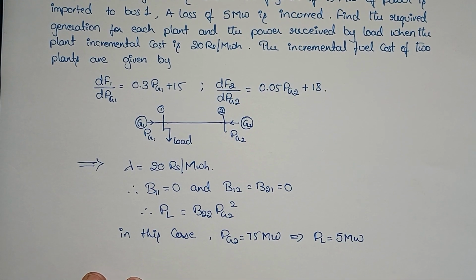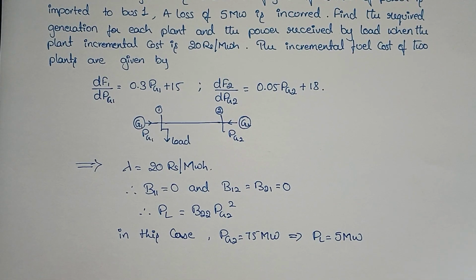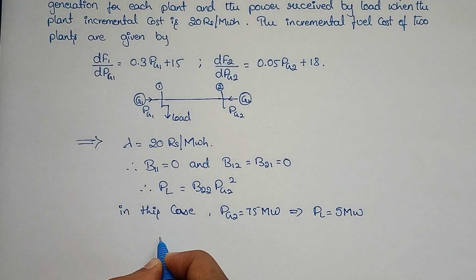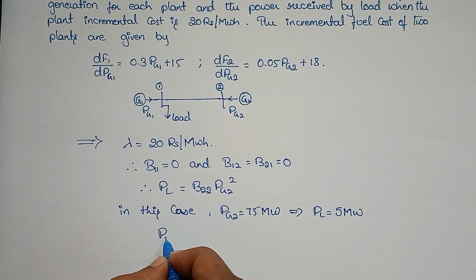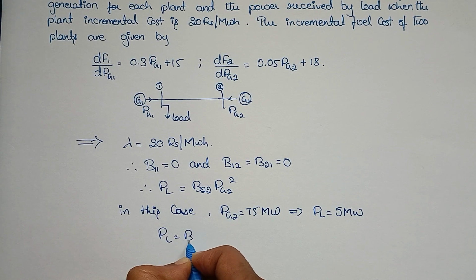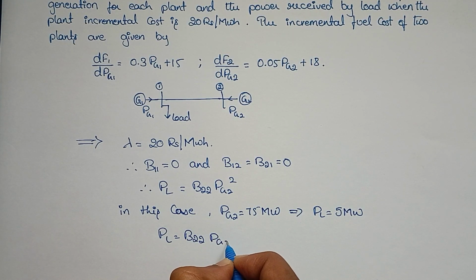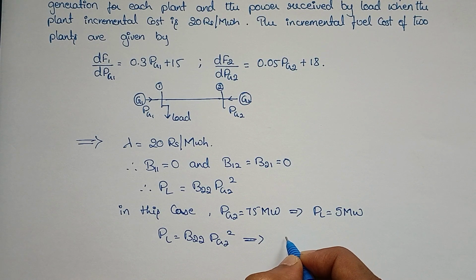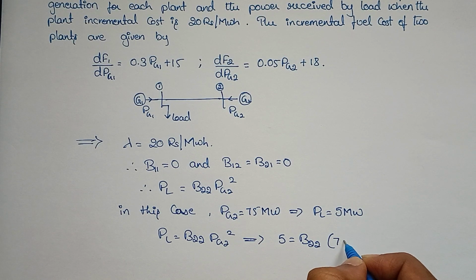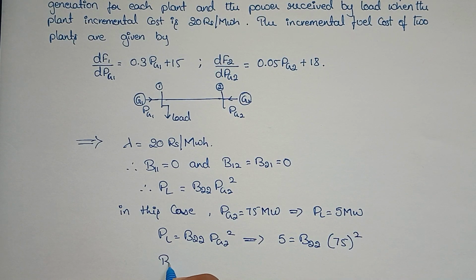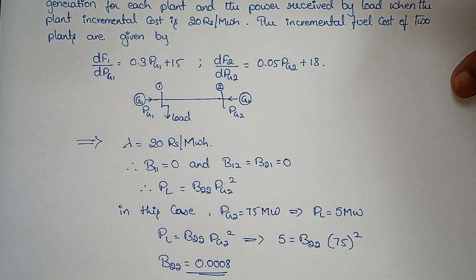5 megawatt. On substituting these two parameters in PL equal to B22 into PG2 square, we get 5 equal to B22 into 75 square, which leads to the value of B22 as 0.0008, which is a constant value and is not varying.